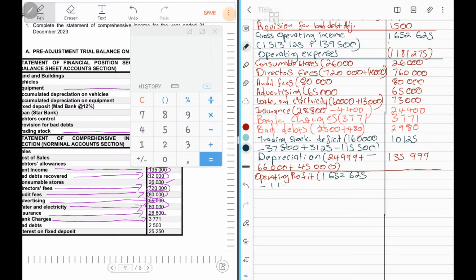We subtract 1,181,275. That gives us 471,350.